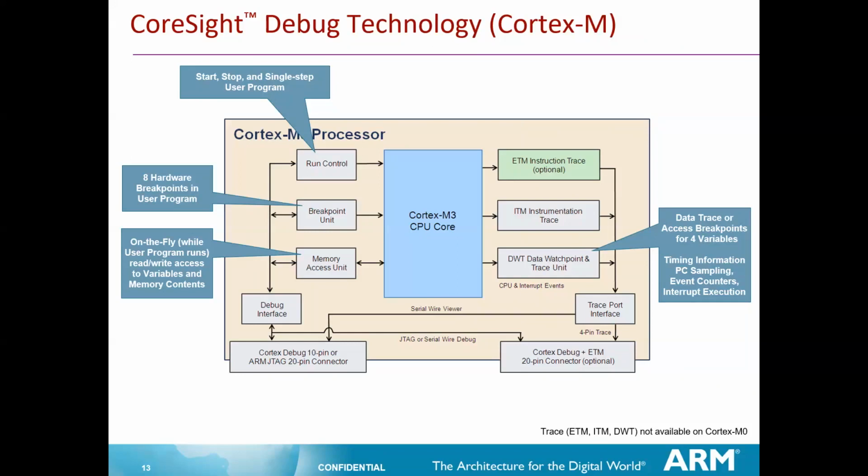DWT, though it emits the trace packet, will not generate the trace itself. It in turn triggers the instrumentation trace macrocell to generate the trace.